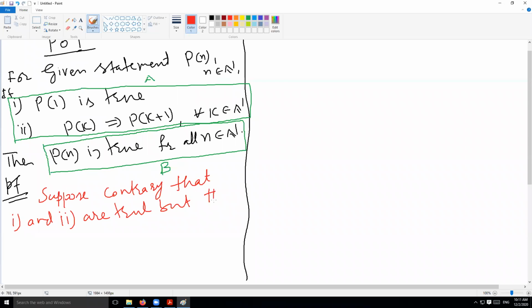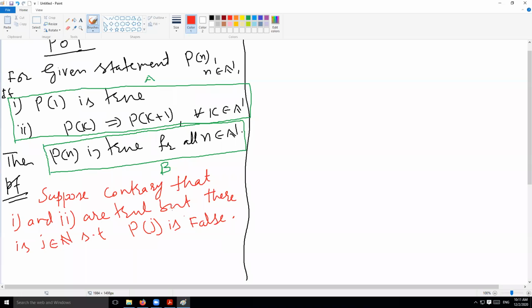So let me negate it. There is, say, an index, there is a j in n such that P of j is false. Is that understood? So that's really the contradiction.